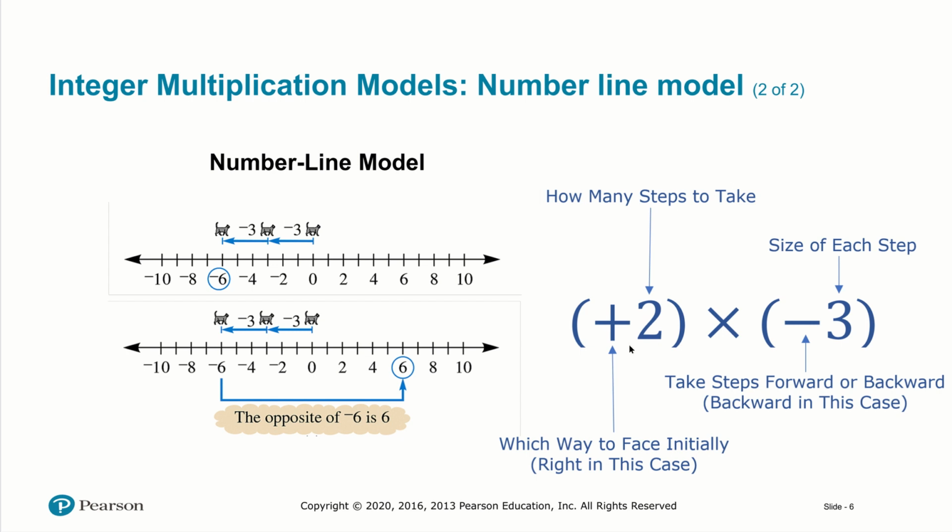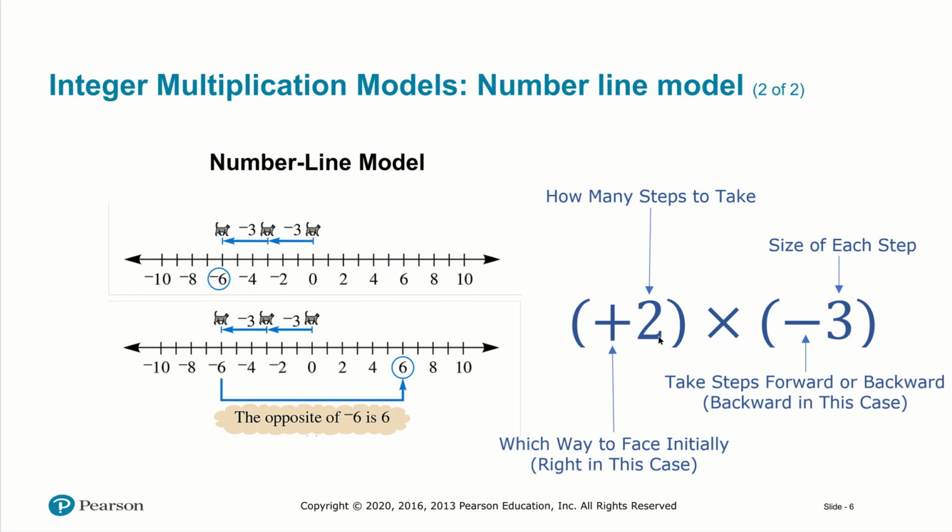Like here, we're looking at +2 times -3. So think of that first positive as which way you should be facing initially. So notice in this case, the cat is walking and it's right at 0 and it's facing to the right because it's +2, right? Think of the 2 here as how many steps you're going to be taking, all right?